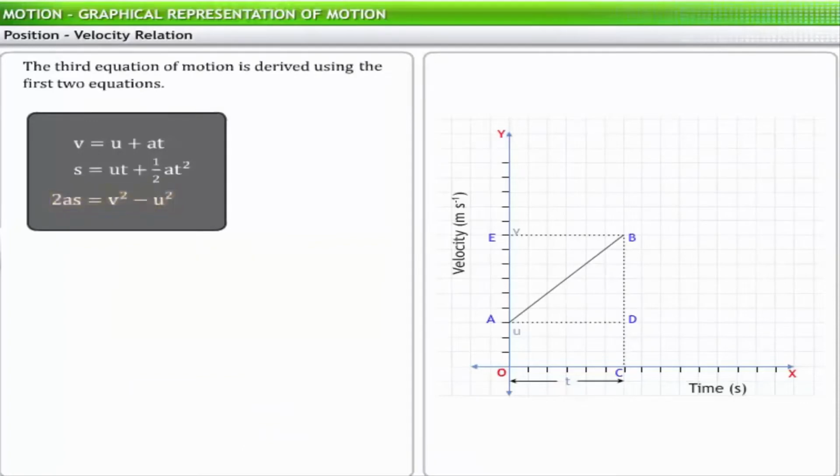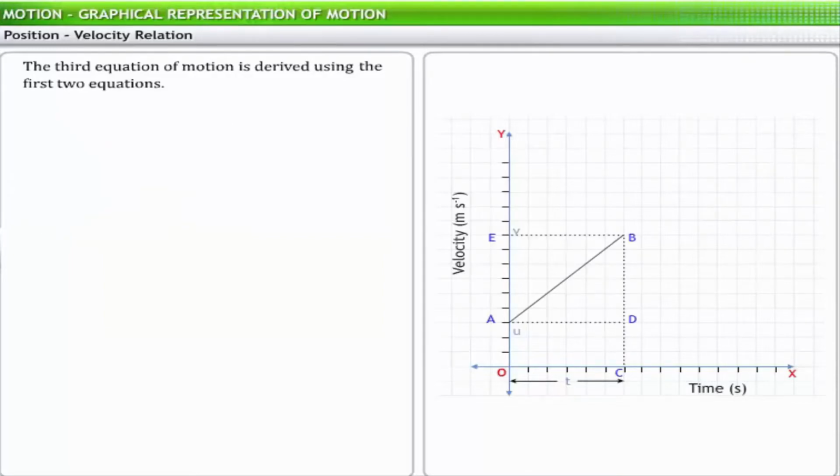The third equation of motion, called the position-velocity relation, is derived using the first two equations. In the velocity-time graph, the displacement of the object s is also equal to the area of trapezium OABC. Area of trapezium OABC is equal to half of OA plus BC multiplied by OC.